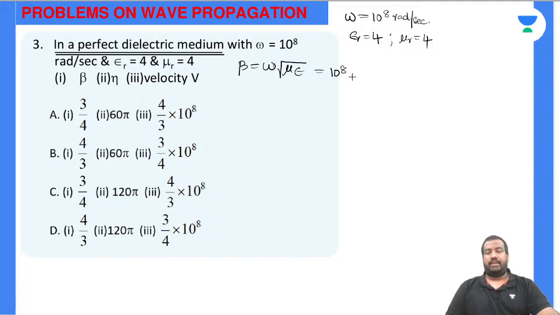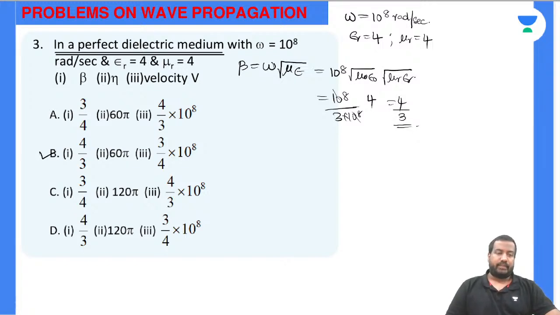Omega 10 power 8 into under root of mu naught epsilon naught into under root of mu r epsilon r. As you know, under root of mu naught epsilon naught is 1 by c, that is 1 by 3 into 10 power 8. Under root of mu r epsilon r, under root of 4 into 4, under root 16, which is 4. Beta value is 4 by 3. Answer must be either B or D.